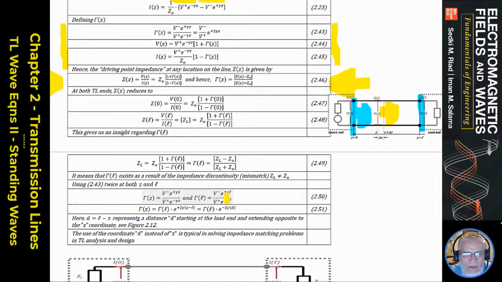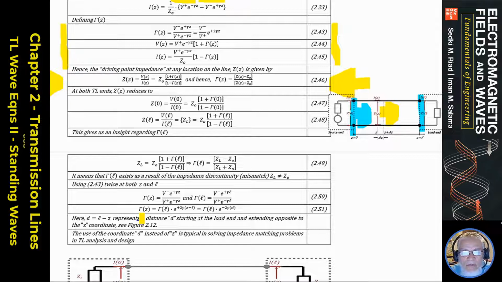So gamma of L is equal to that. And if I know gamma of L, I can get the ratio V minus over V plus. And if I know the ratio V minus over V plus, I know gamma of z. So I can manipulate all that to get gamma of z in terms of gamma of L. So knowing gamma of L and knowing the location that I would like to calculate things at, I can get gamma of z.